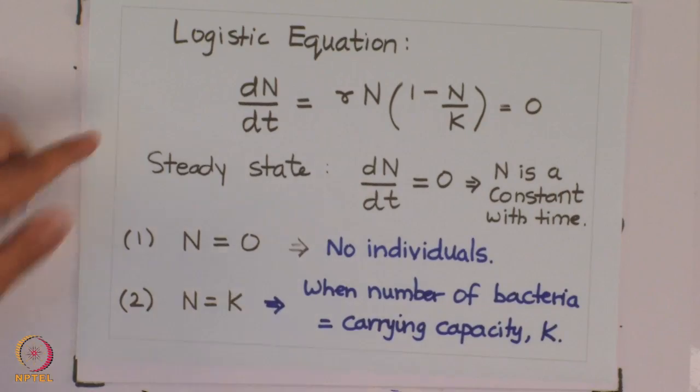Which means we are defining an environment whose carrying capacity is K. That means K is the maximum number of individuals that the environment can support, and if we have a situation where the bacterial population has gone up to the numbers where the number of individuals is now K, the environment is no longer capable of supporting any more growth because its carrying capacity is K, and hence bacterial growth halts and the number of bacteria in that environment is limited to K.